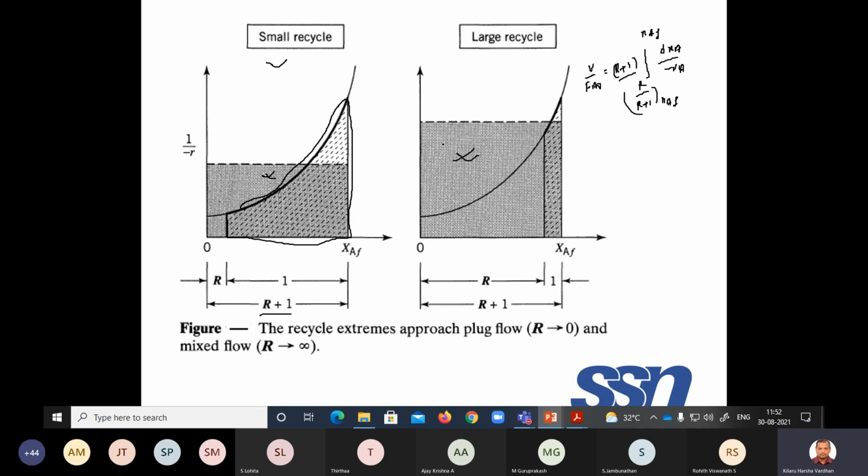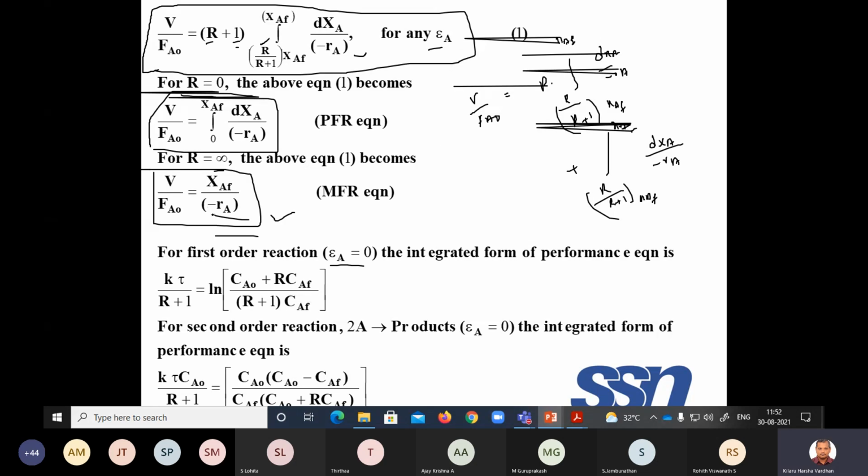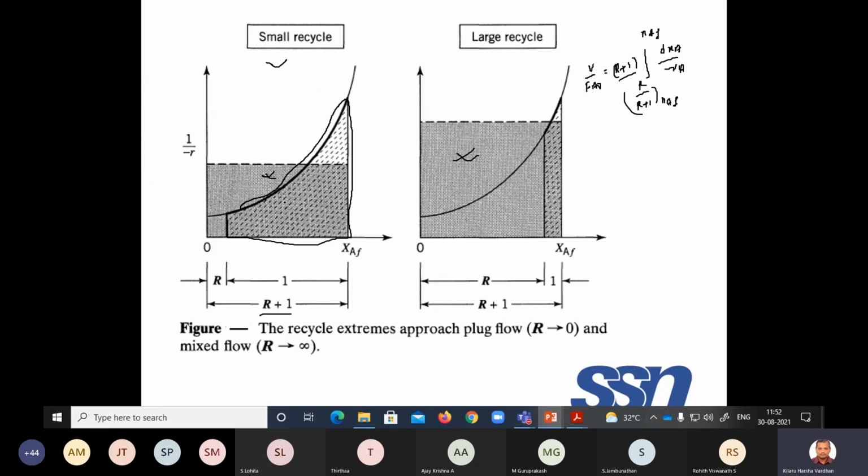So from the equation part, we are getting the design equation of PFR and MFR. Even from the graphical part, it is understandable that when R tends to 0, the mixed reactor performance equation goes to a PFR, and when R tends to infinite, it goes to an MFR.